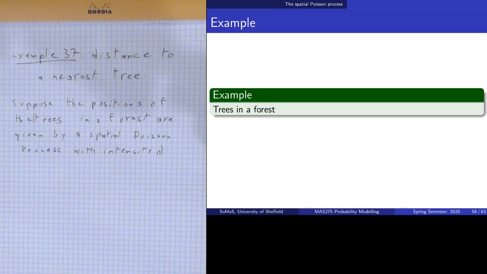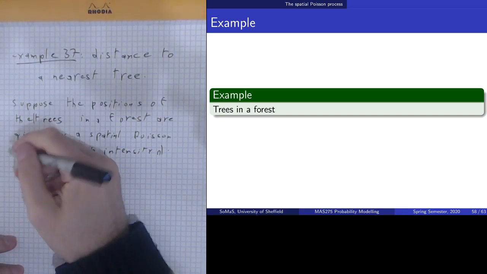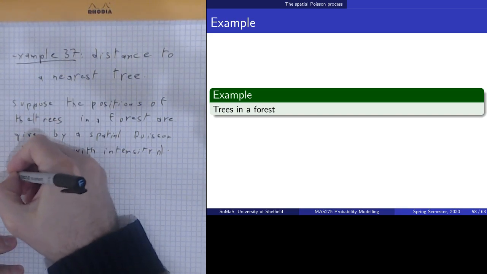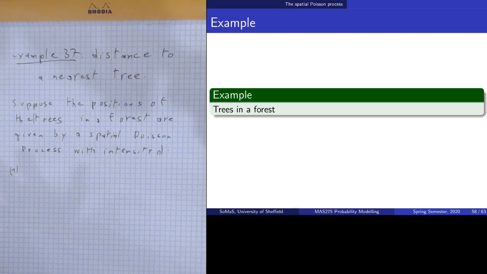And we're going to do 2 questions. The first one is not the distance to the nearest tree, really.